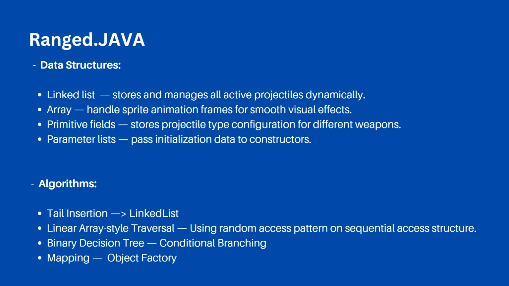the ranged class extends the creature to add projectile-based combat and manage the collection of projectiles and handle the strength attack mechanic, to use the memory randomly during method execution.